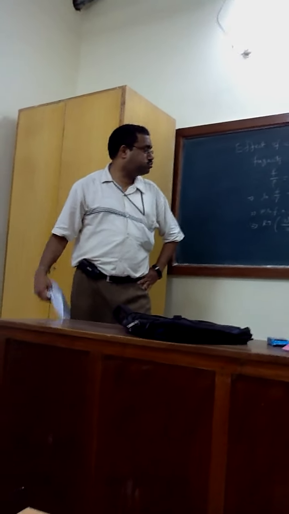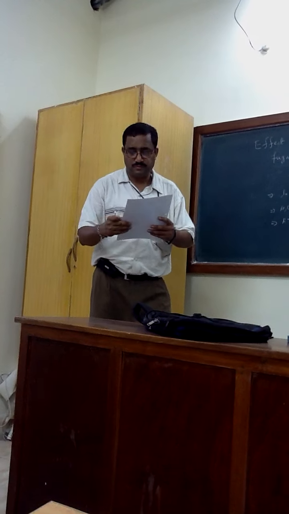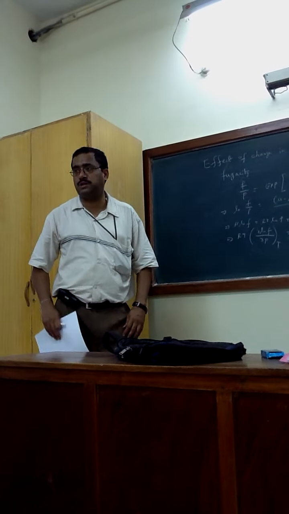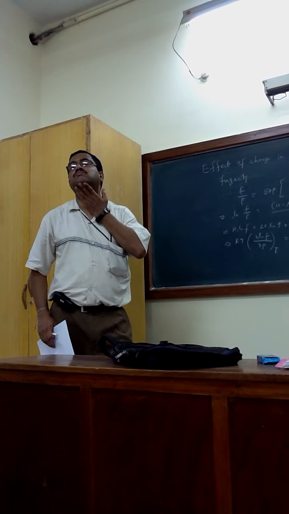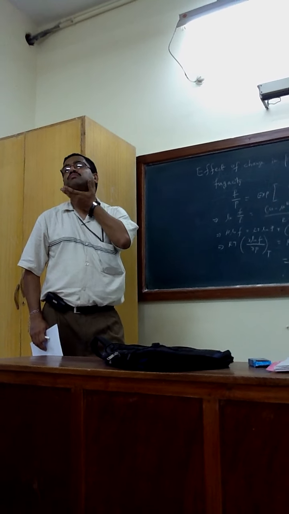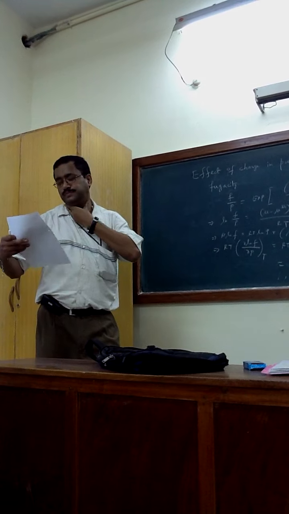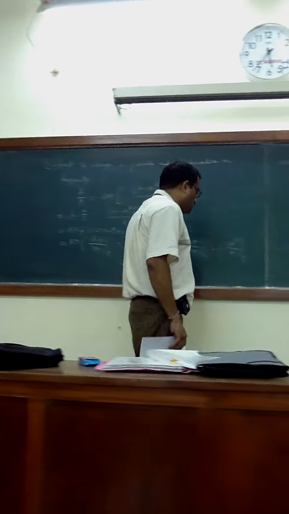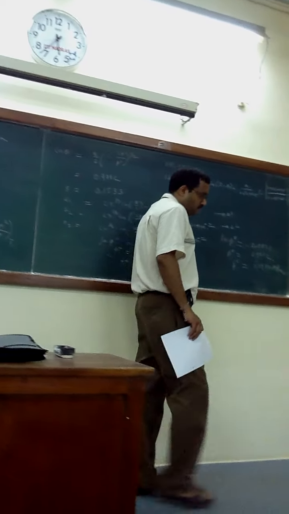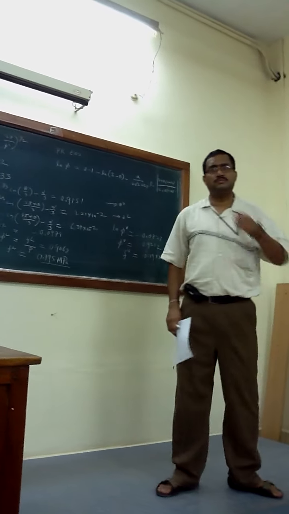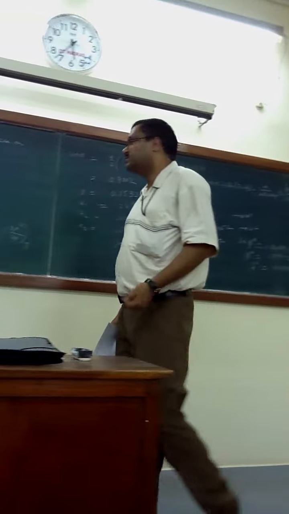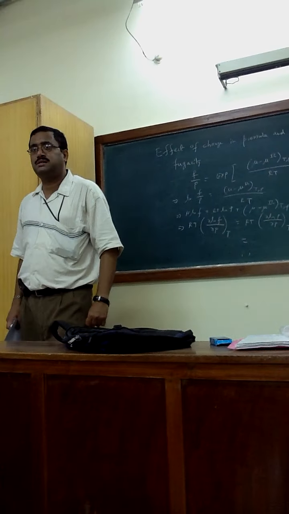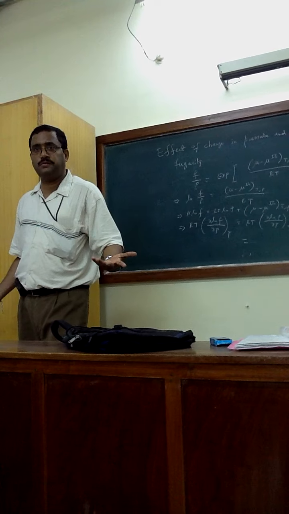Okay, so what is the answer? There are three terms. The first term, dou ln P by dou P at constant temperature, is what? It is d/dx of ln x, so 1 by P. Yeah, that's what I'm actually asking for.